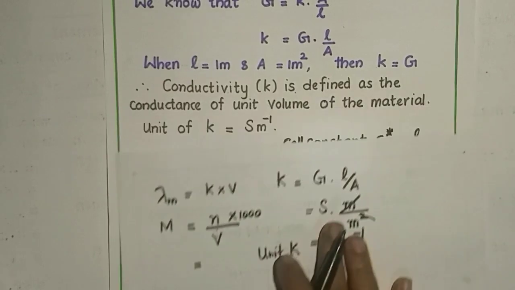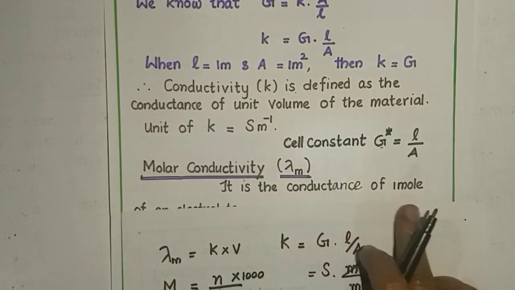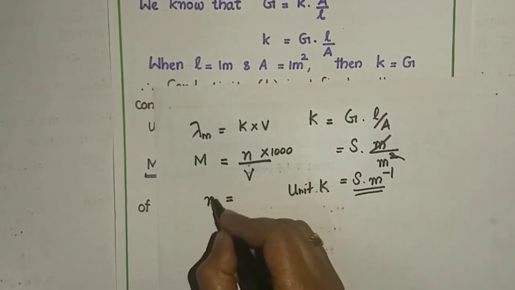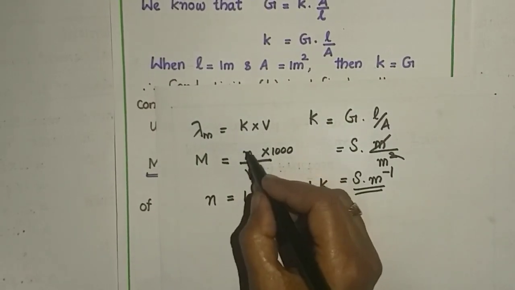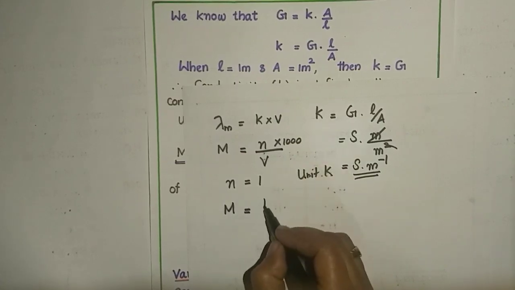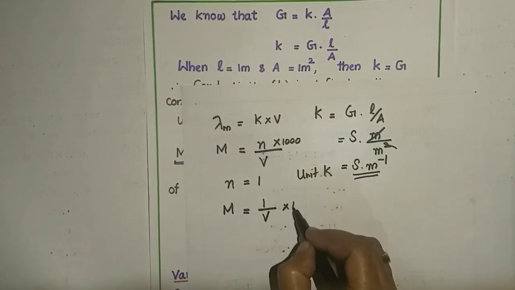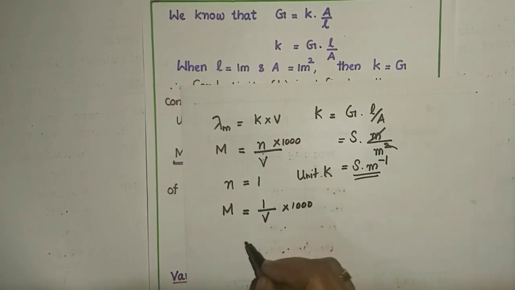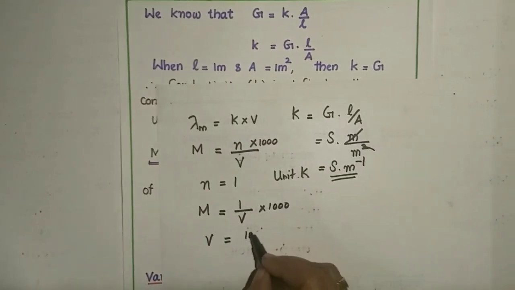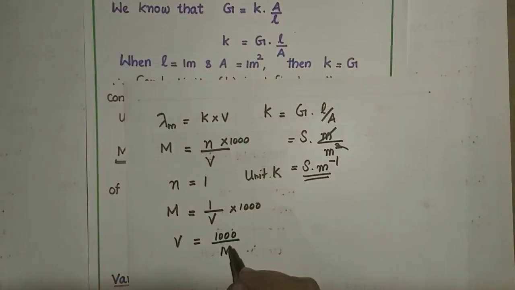Here the molar conductivity is the conductance of 1 mole of an electrolyte, so here n is equal to 1. Then molarity is equal to 1 by V into 1000. So from this equation we can write V is equal to 1000 divided by M.